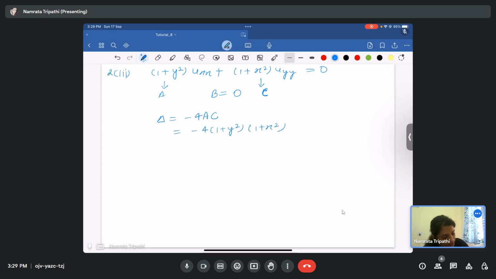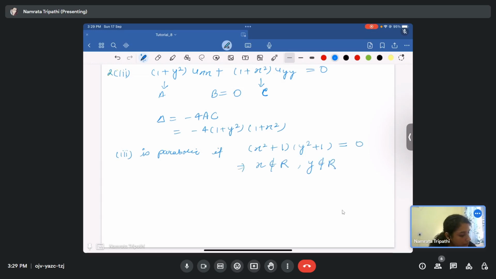So when will this equation represent parabolic? If delta is equal to 0. From here you can say x does not belong to the real numbers, y does not belong to the reals, because the value of x is plus minus iota and y is also plus minus iota.